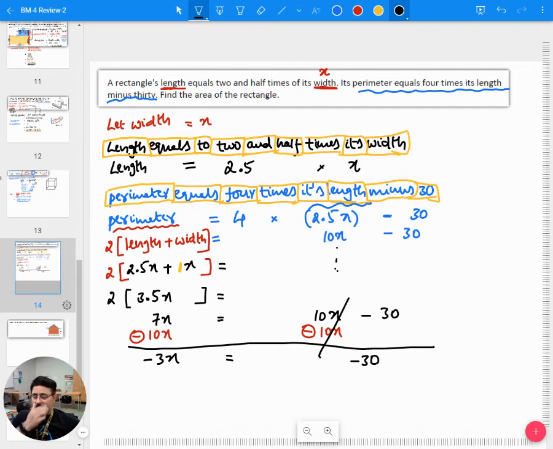Okay, so when I take this one, then you know how to isolate x. Division by negative 3, division by negative 3, therefore the value of x equals negative 30 divided by negative 3, that gives us 10.